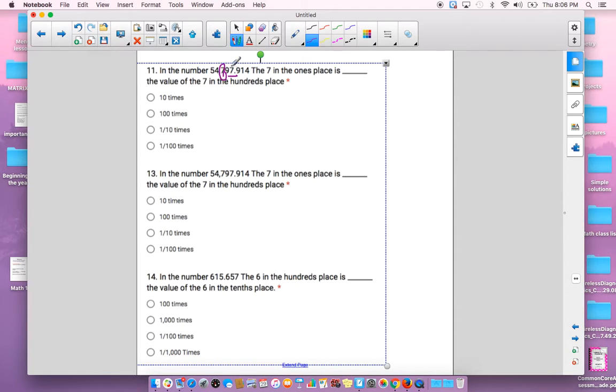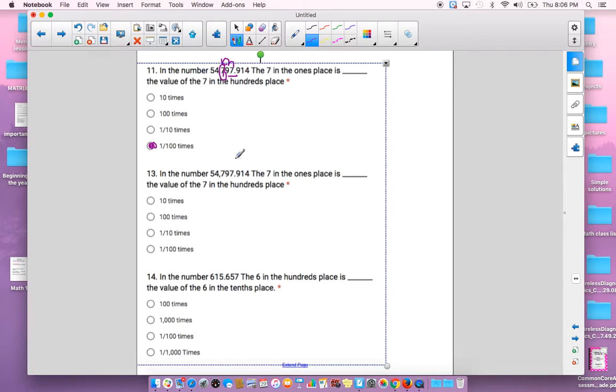I'm going to the left, but it's 1 jump, 2 jumps. So I know that this 7 is 2 jumps to the left, so it'd be times 1/10 times 1/10, which would be 100th times. I know that because I'm going from a smaller place value to a larger place value. So this has got to be a fraction.